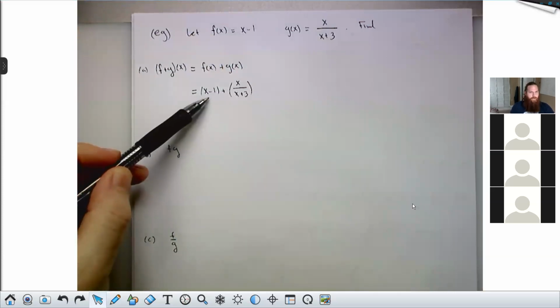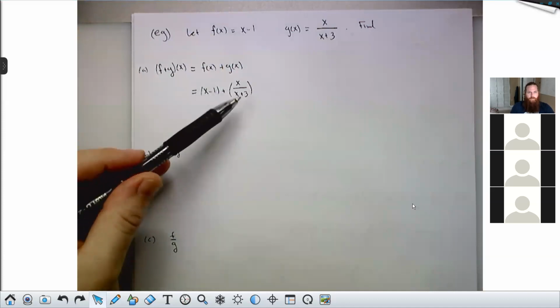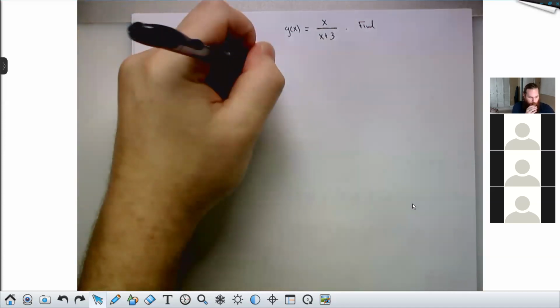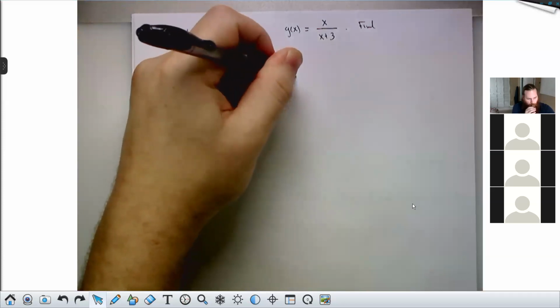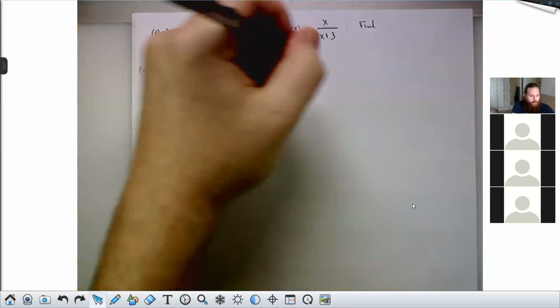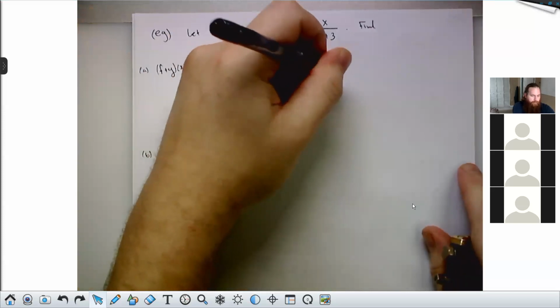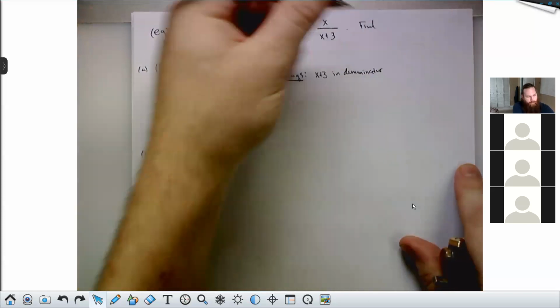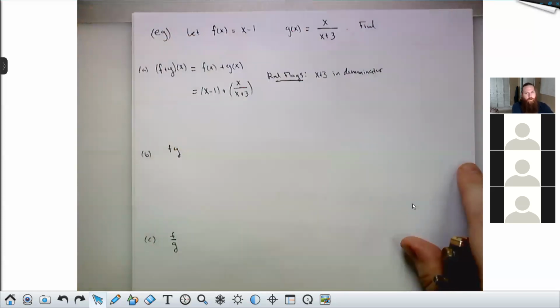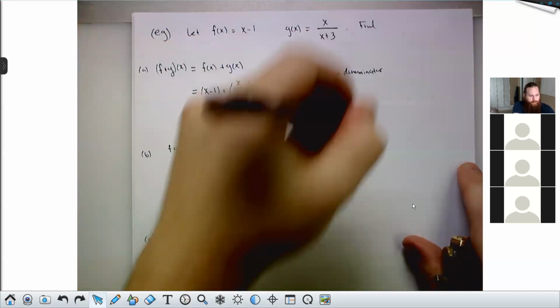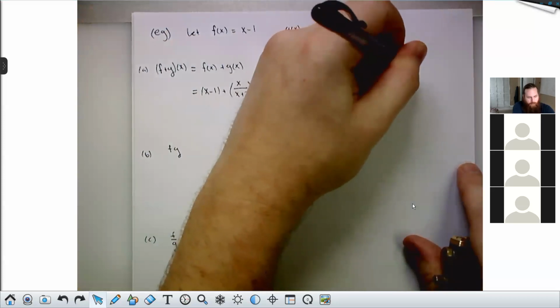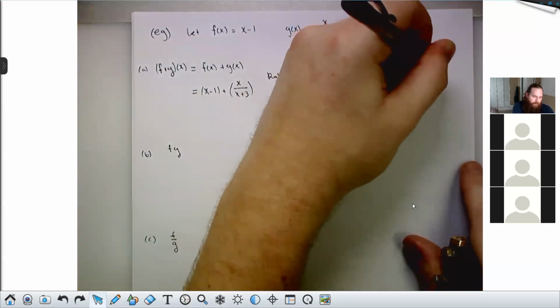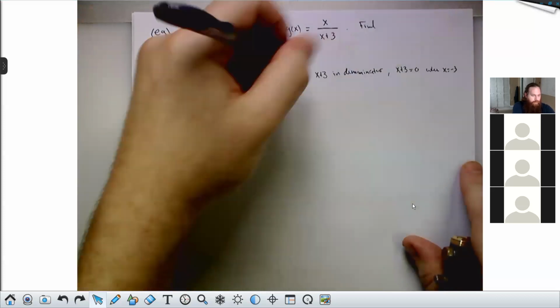Does this piece have any red flags? Yeah, no red flags from the x minus 1, just the x plus 3 in the denominator. So I need to figure out where that's equal to 0 and then kick that out of my domain. Good. So x plus 3 equals 0 when x equals negative 3.